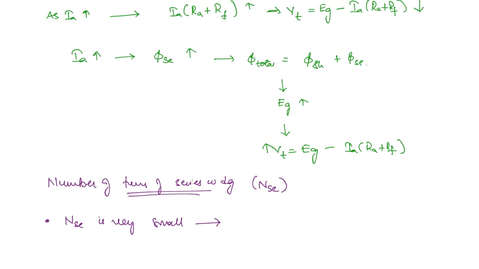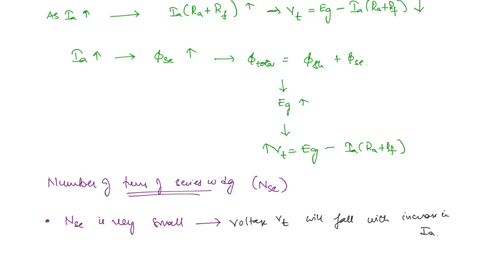Because if the number of series turns is less, then the effect of the increase in field flux will be less. So this entire effect will be less. Now the drop will predominate, so Vt will have a decreasing effect. In this case, the terminal voltage Vt will fall with the increase in armature current Ia.